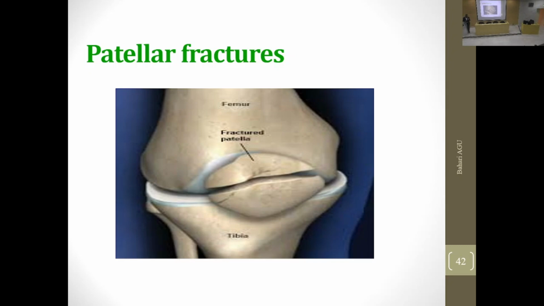After we do the fixation, the tensile forces are converted into compressive forces at the line of the fracture while the patient is doing flexion. So when we fix it, during flexion there are no longer tensile forces; they turn into compressive forces and the two fracture fragments will be meeting each other until it gets healed.